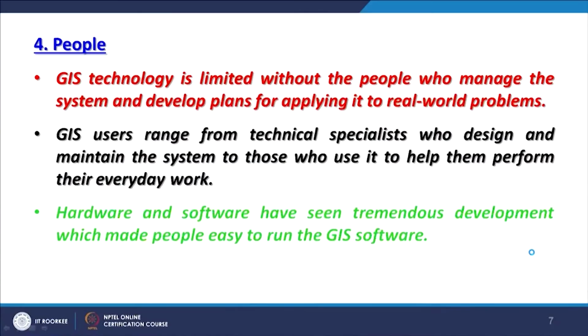Now, tremendous development has taken place in hardware and software, which has made it easy for people to run GIS software. As I have mentioned, when GIS was initially developed in Canada, it was on DEC 20 machines and the programming language was Fortran. It did not have a graphic user interface, and had very limited hardware and software capabilities.